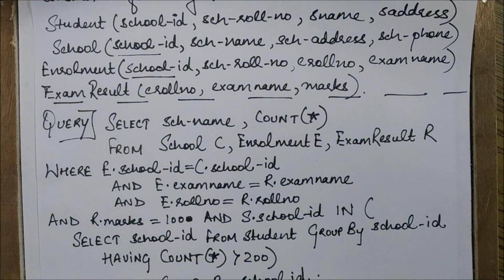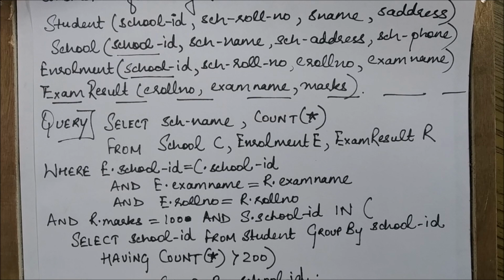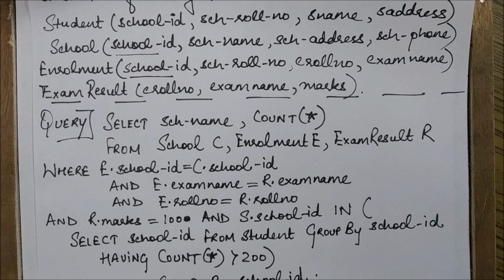So it is basically a natural join. Yes, it is a natural join since none of the other attributes match, and over here it has specifically been stated in that manner. So wherever school IDs match, they are going to group those records. They're going to select those records.